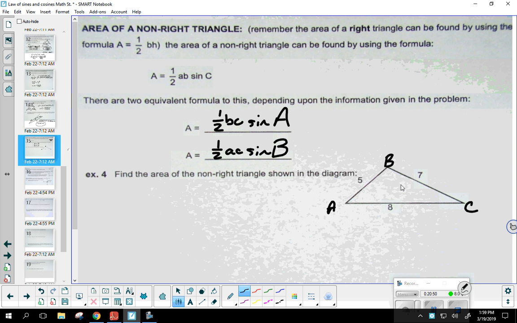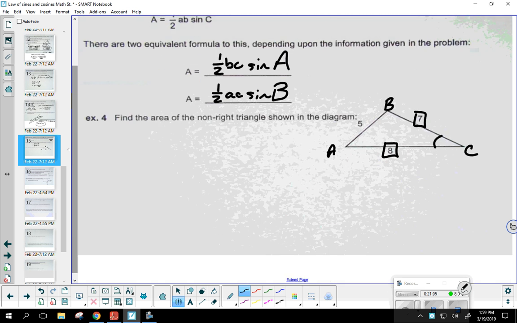So, Emily, what do you think? A, B, or C? C. Okay, so let's say this is my included angle, and these are the two sides. First, what would the equation be to find angle C? Okay, so 5 squared equals.